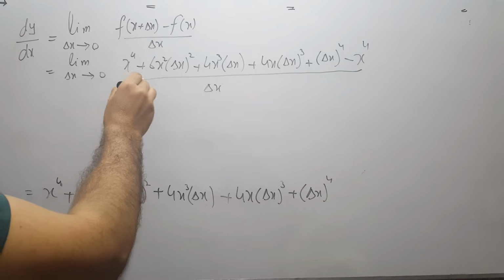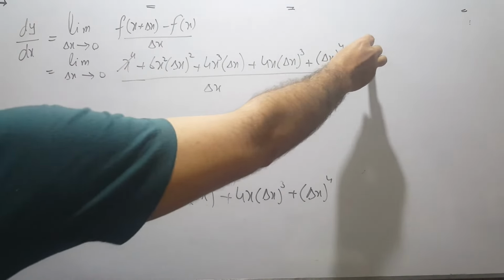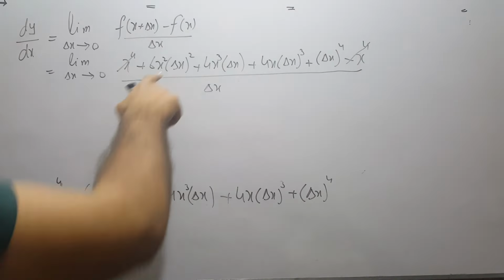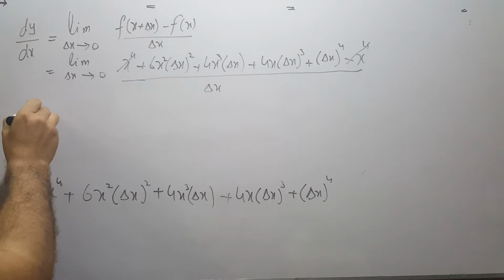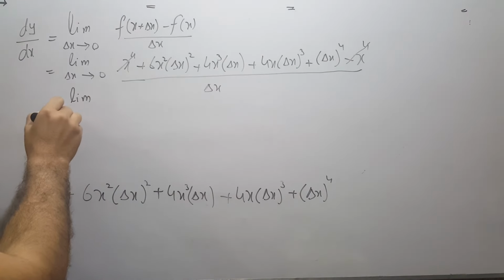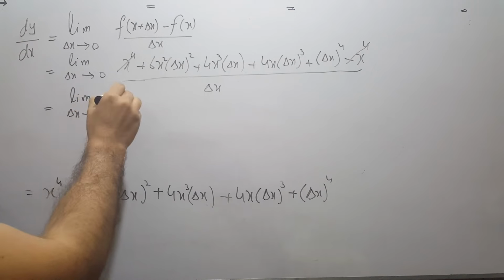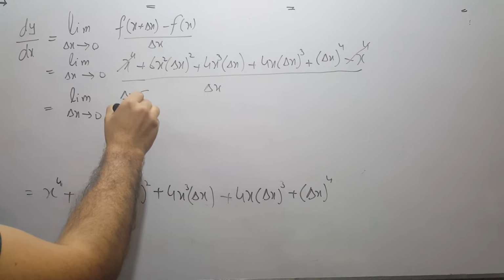Now we can see that this is plus and this is minus, so they cancel each other. From all of these, if we take delta x common, then we have delta x here.